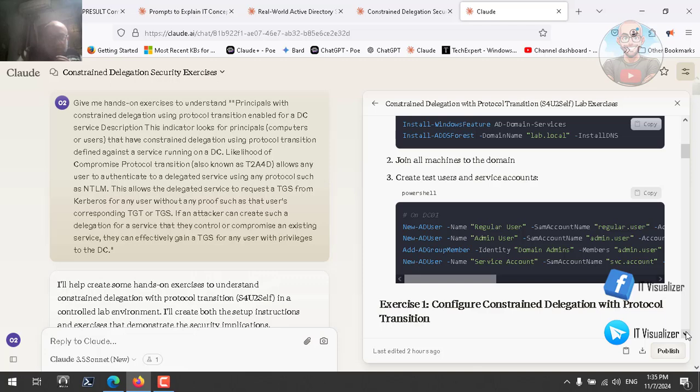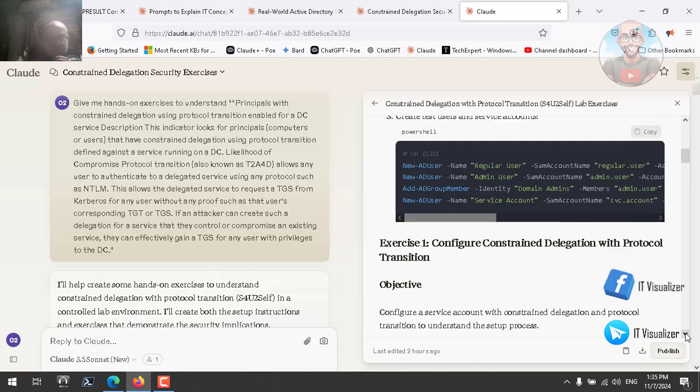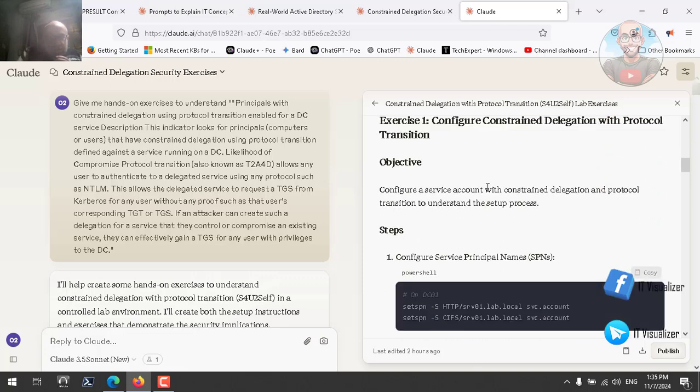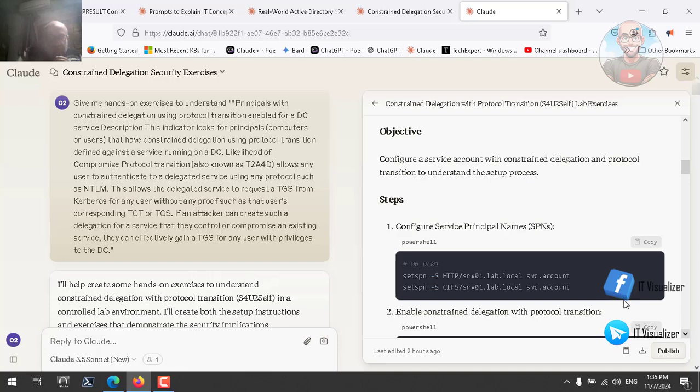Now we need to configure constrained delegation. So now we configure a service account with constrained delegation and protocol transition to understand the process. First, we configure the service principal name. We have two accounts. We have an account called service01.lab.local.